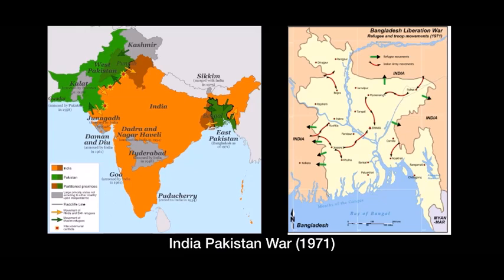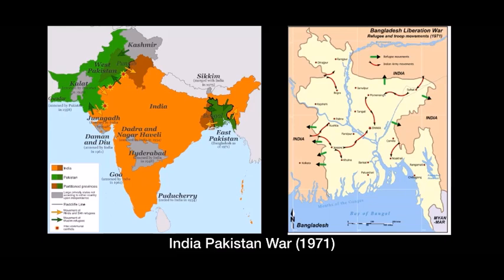Millions of refugees came to India from East Pakistan. It affected India's economy and security. The 1971 war between India and Pakistan led to the creation of an independent country called Bangladesh.